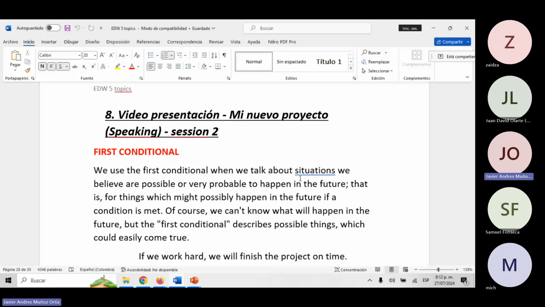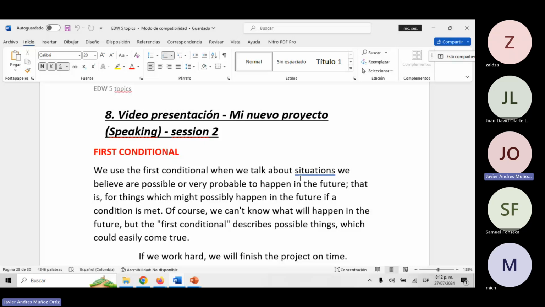We believe something is going to happen, and the probability of this event happening is high, right? But it's not 100%. We don't have 100% certainty that something is going to really happen. We try to predict the future, but we cannot.